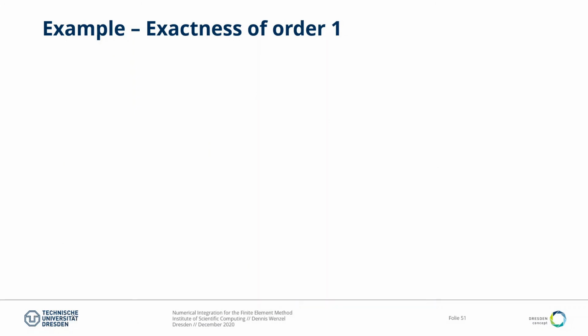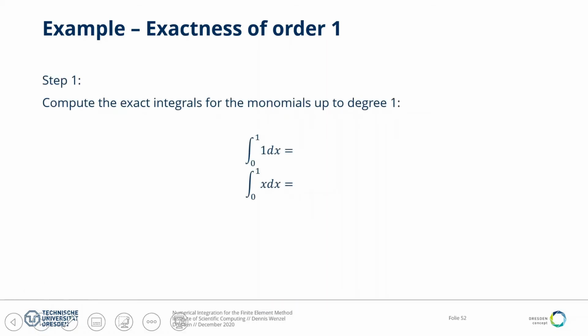To make this more precise, we start with an example. We derive the formula for exactness of order 1. Step 1 is to compute the exact integrals for the monomials up to degree 1. In 1D that is simply the functions 1 and x, right? That is all monomials up to order 1, because x is x to the power of 1. And that's super simple. The integral of the function 1 from 0 to 1 is simply 1, because it is the width of the interval.